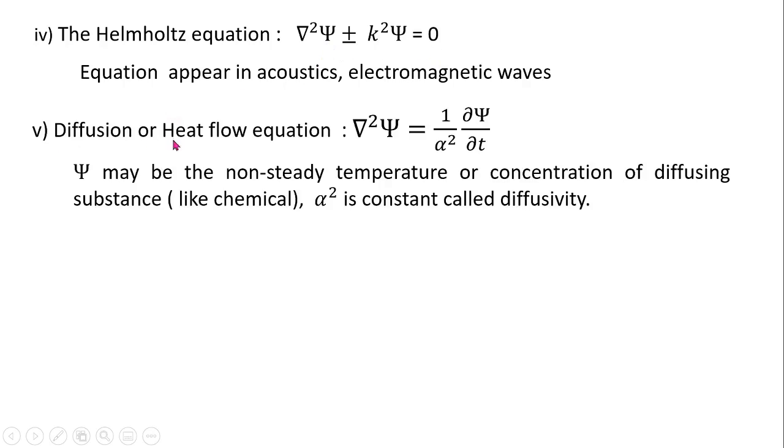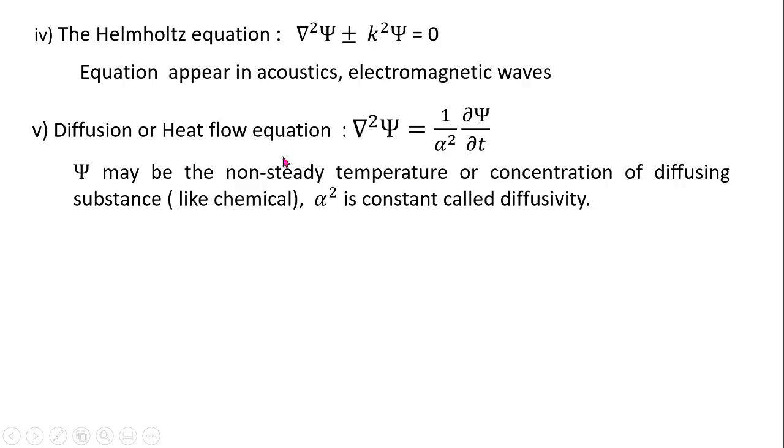The next example is the diffusion or heat flow equation. In the heat flow equation, psi changes with respect to space and time coordinates. In the three-dimensional case, psi is a function of x, y, z and time t. Therefore, the derivatives involved in this differential equation involve more than two independent variables.